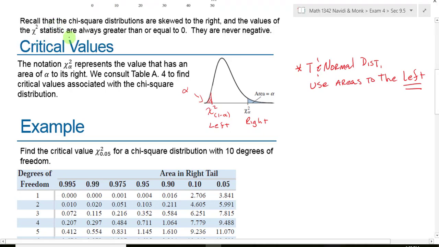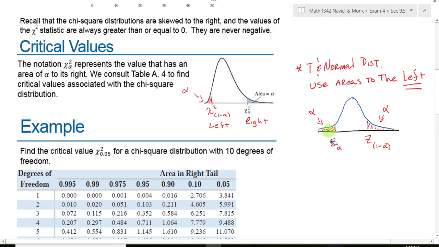This is different from the t-distribution or the normal distribution where we use the area to the left. Here, if this area is alpha, this critical value would just be z sub alpha. But if this area over here were alpha, this critical value would be z sub 1 minus alpha, as we called it when we did the inverse norm.